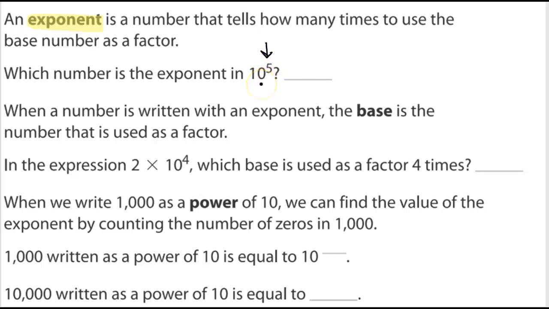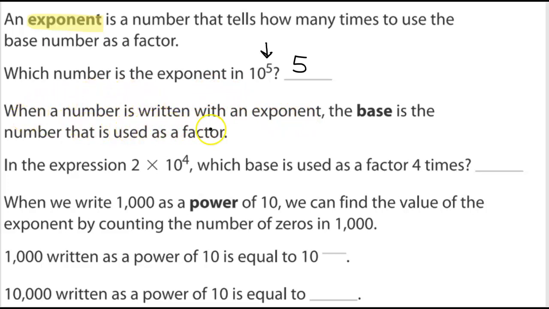It has a power, it's 10 to the power of 5. That 5 is our exponent. It tells us that we're going to multiply 10 5 times. A lot of you wanted to multiply 10 times 5, which would be 50, but in this case, when we use exponents it is basically repeated multiplication. So as we go through this problem, we will start to practice multiplying those, but this is just some simple vocabulary. So let's look at the next one.